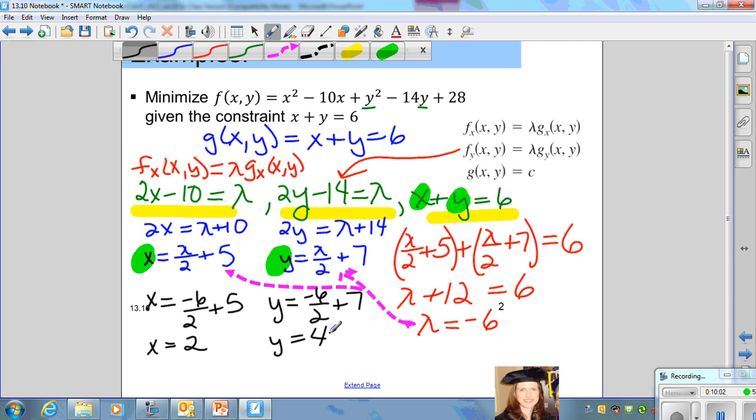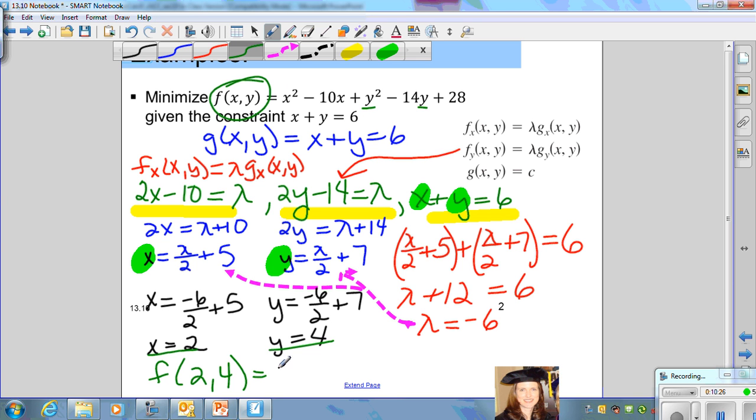being 2 and 4. Now we're going to plug that into the objective equation, the function that you're trying to maximize or minimize. So we want to evaluate f of 2 comma 4. And you're going to take those values we got for x and y and plug it back into this f of xy function.